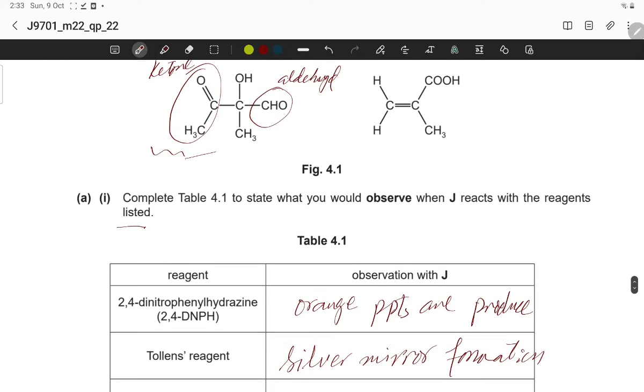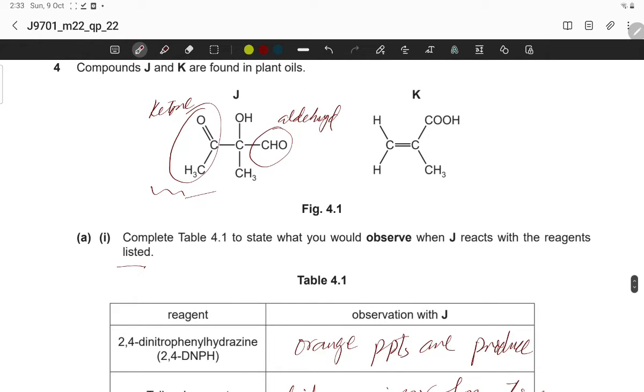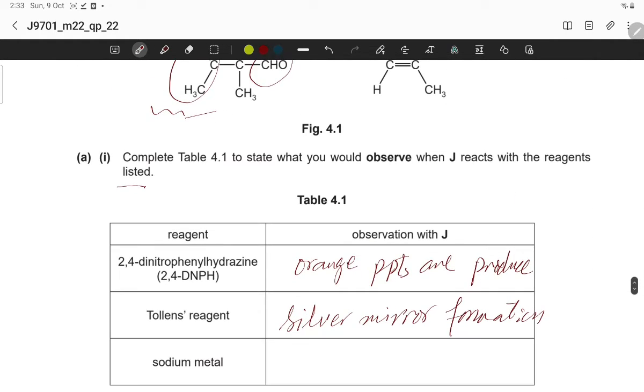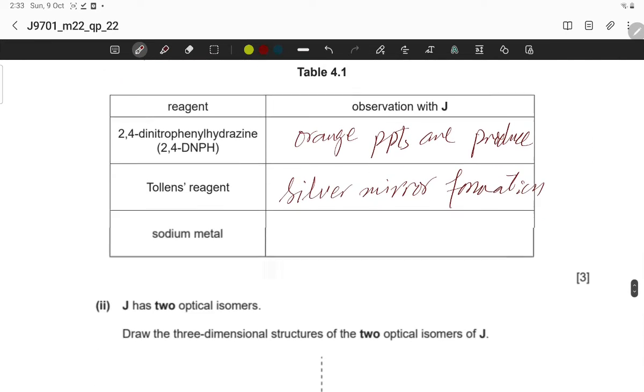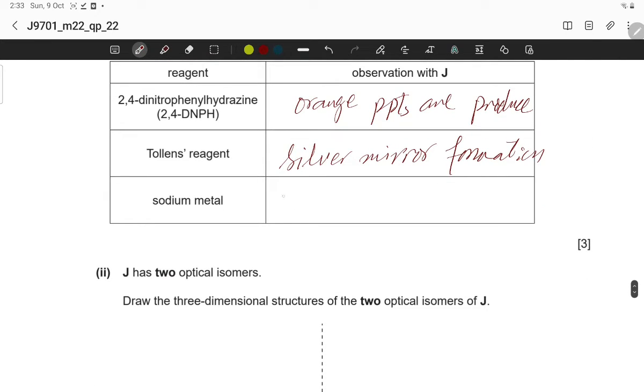And with sodium metal, because an OH group is present, sodium alkoxide is formed along with bubbles of hydrogen gas.